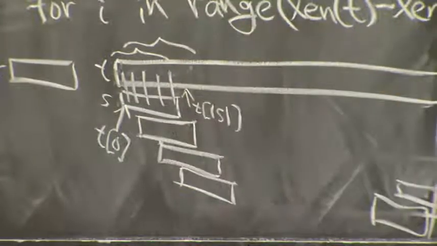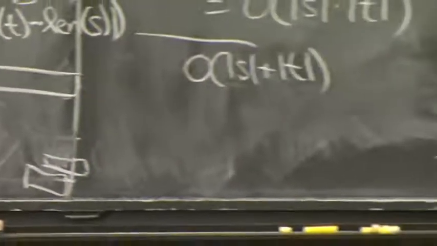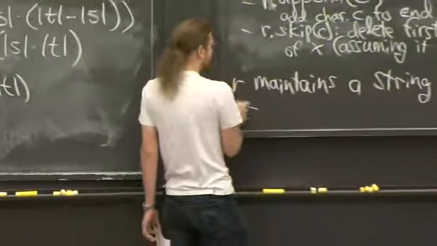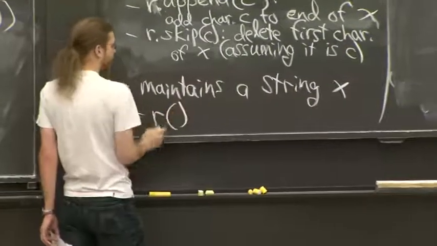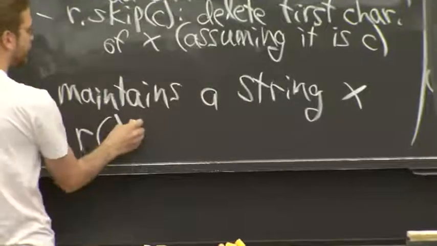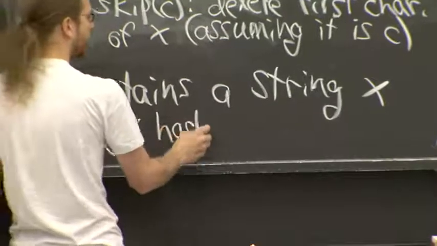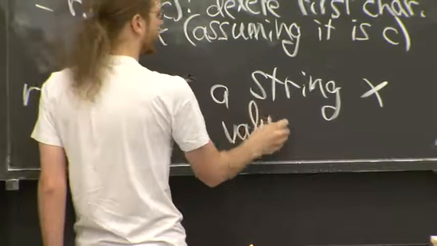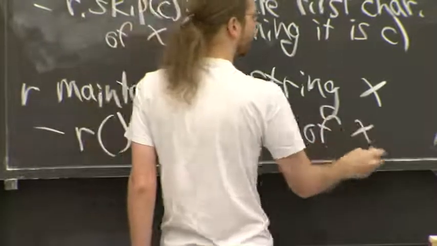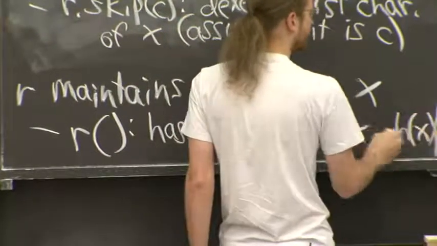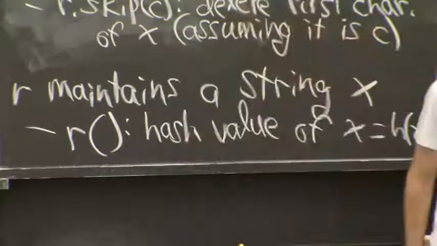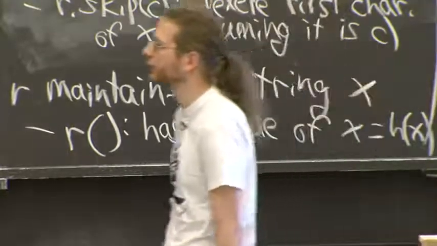Okay? And at all times, what's the point of this r? You can say r, open paren, close paren. This will give you a hash value of the current string. So this is basically h of x for some hash function h, some reasonable hash function.